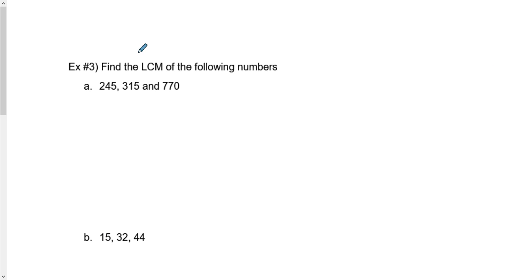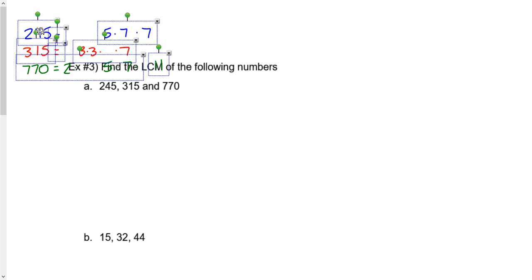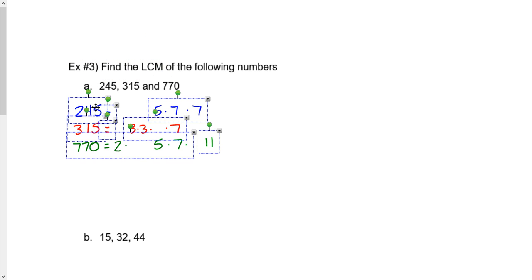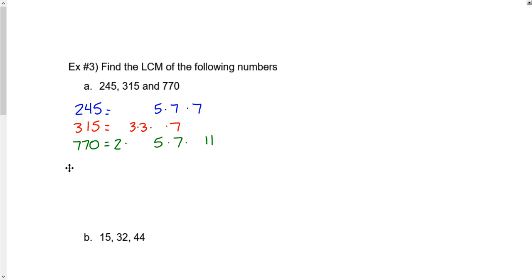So if I want to look for the lowest common multiple of these numbers, now I've already done the prime factorization of it. I'm just copying and pasting from the other page. The lowest common multiple is looking for basically the skip counting of 245, 315, and 770.